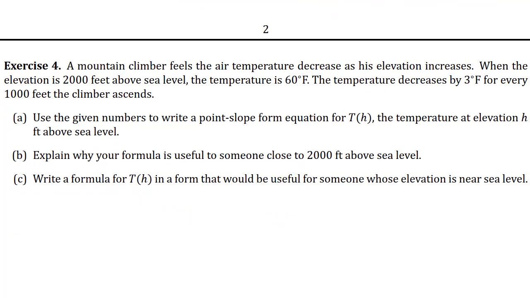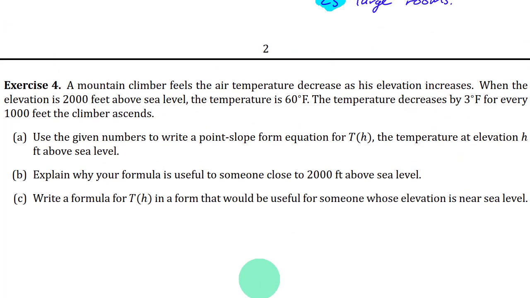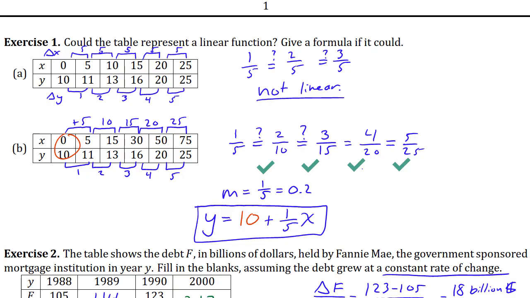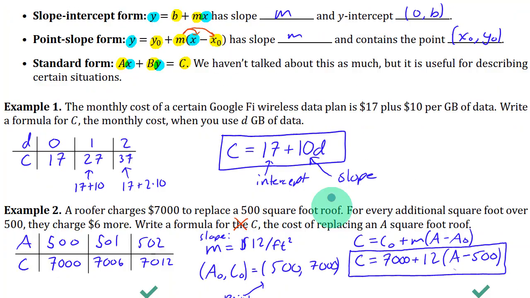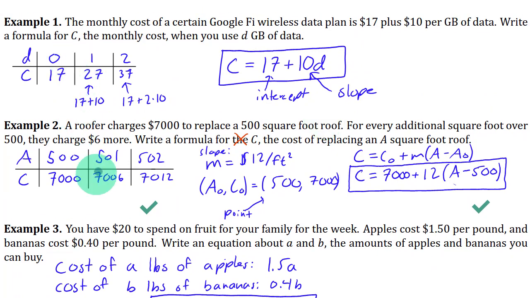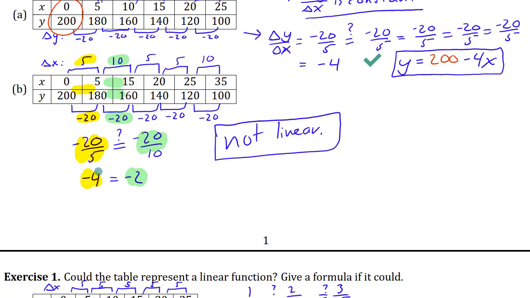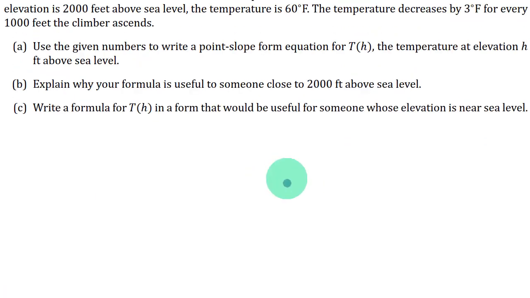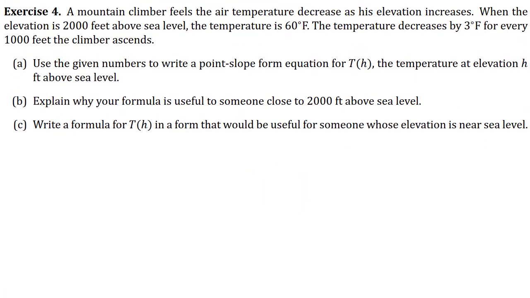So I think just like I did with examples 1 and 2, it helps to make a table where you can see the values of the input and output of this function that you know. So that's what we're going to start with. Let's take some values of h and get some corresponding values of T of h.